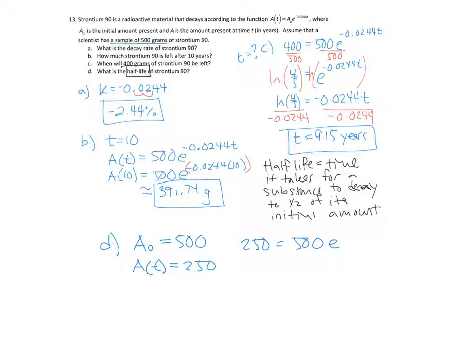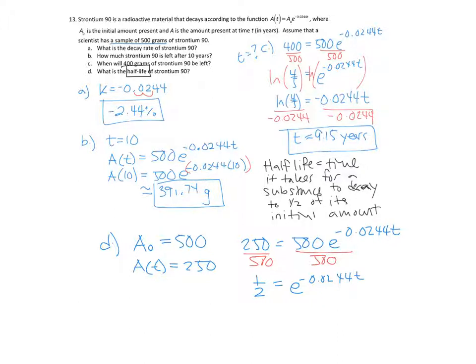Same formula, e to the negative 0.0244t. And again, we will be solving for t. So we isolate the exponential by dividing both sides by 500, and we get 1/2 is equal to e to the negative 0.0244t.